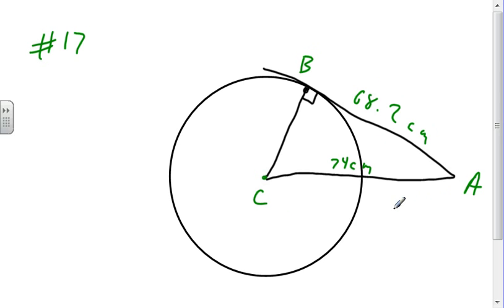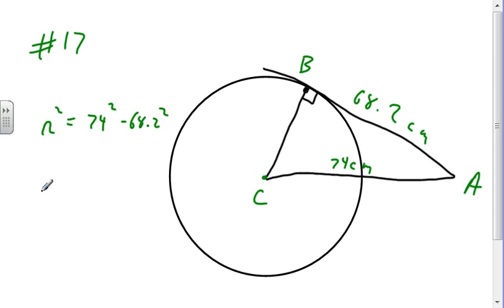Well, guys, it's a right angle, right? So the radius squared is equal to 68.2 squared plus, minus, try again, 74 squared minus 68.2 squared.